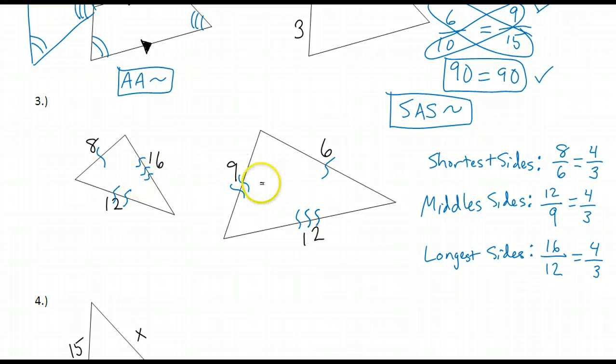So even though these two triangles aren't drawn to scale, and it's tough to tell by just looking at them, we can rely on math and ranking the sides to figure out if these two triangles are similar. In this case, the triangles are similar by the side-side-side similarity theorem.